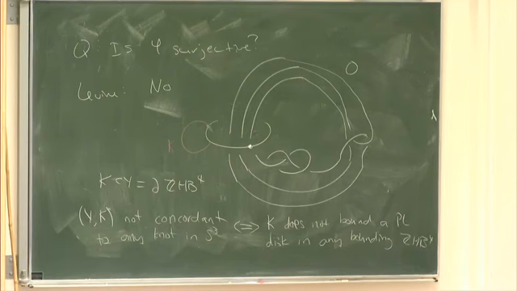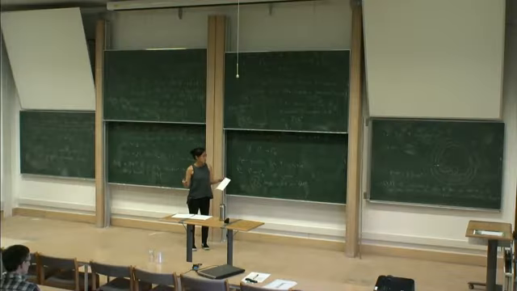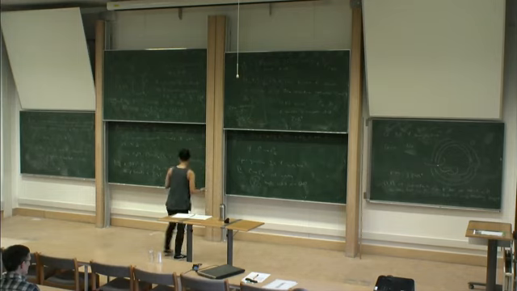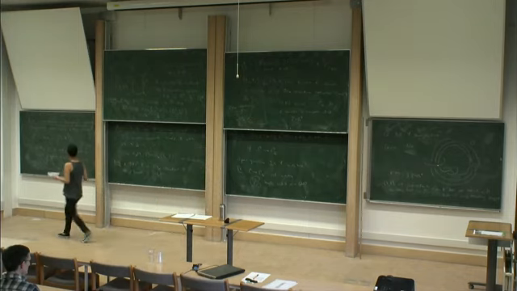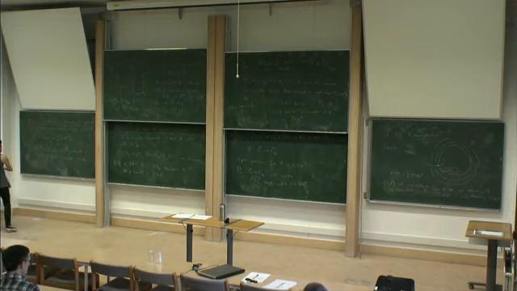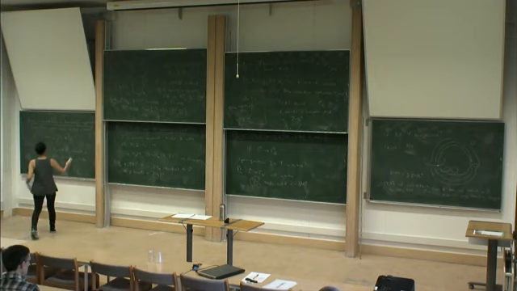So, great. Adam showed that this map is not surjective, and we'd like to understand how far from surjective it is. That's going to help us understand the difference between C and C_Z.